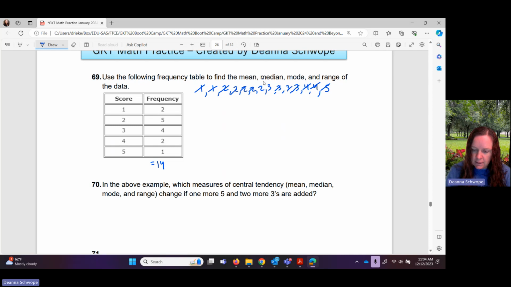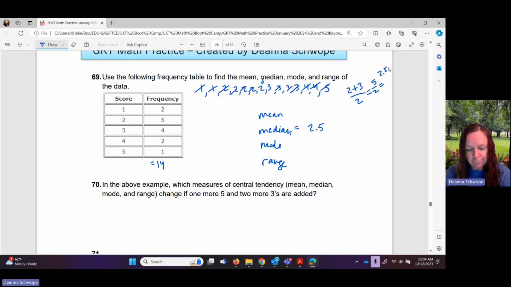Okay, the median is in between 2 and 3. So basically we're finding the average of 2 and 3, which is right in the middle of it. So it's a 2.5. But if you had larger numbers, you would go 2 plus 3 divided by 2, which is 5 divided by 2, which is 2.5. All right, so we've got the median.